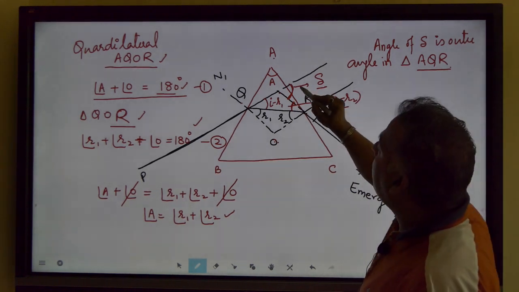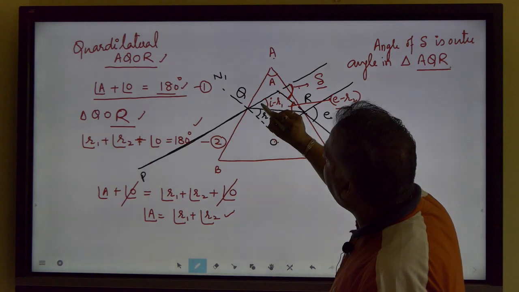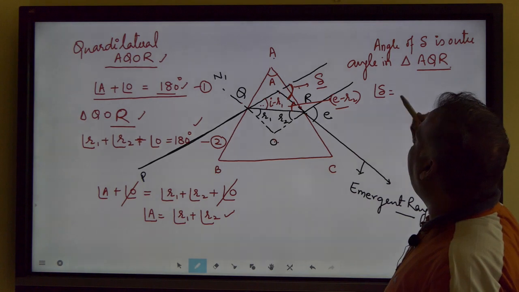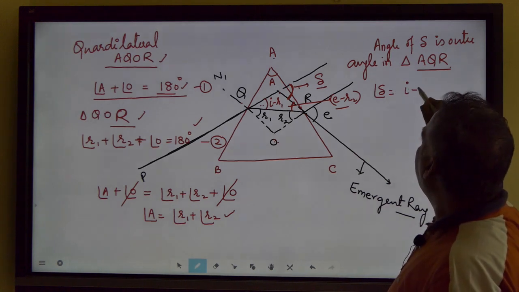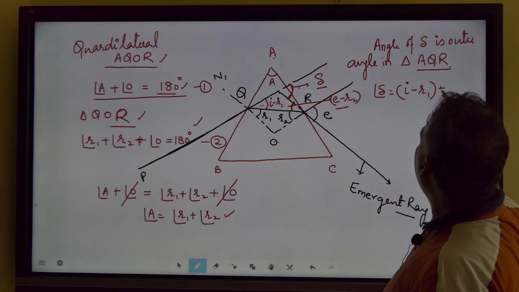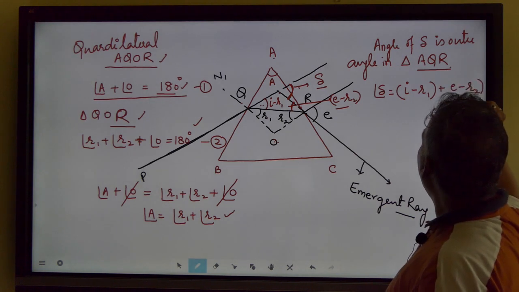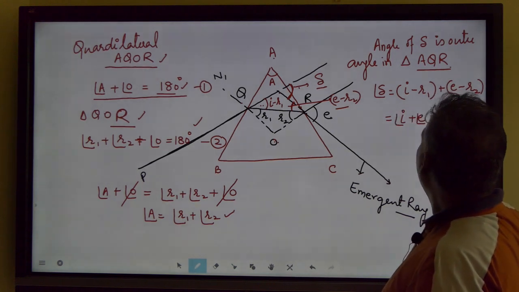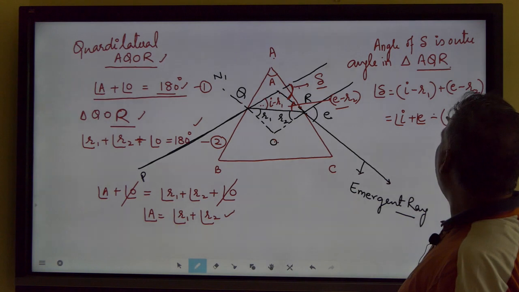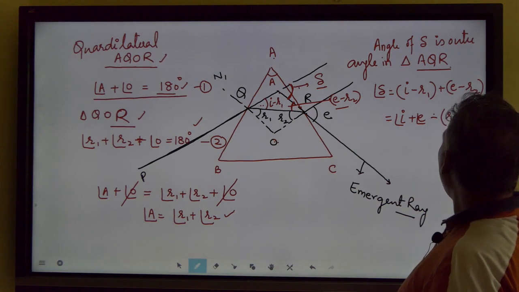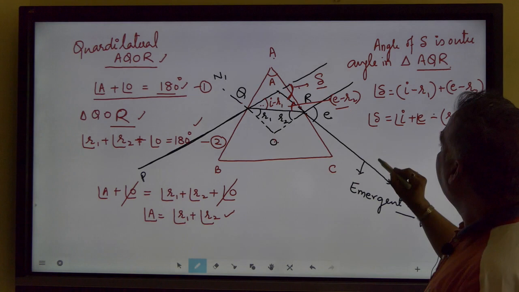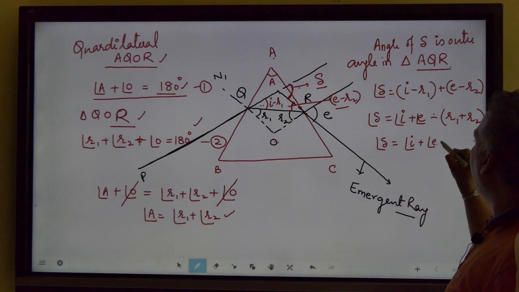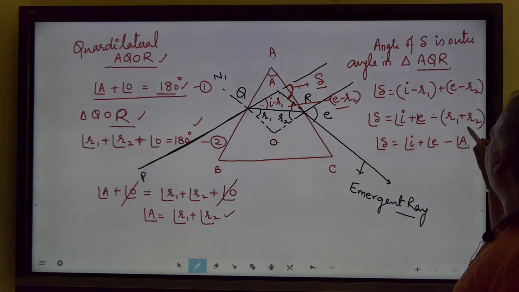From this, the outer angle becomes equal to the sum of two opposite angles. So this angle delta is equal to I minus R1 plus E minus R2. So this is I plus angle E minus R1 plus R2. That's angle delta.